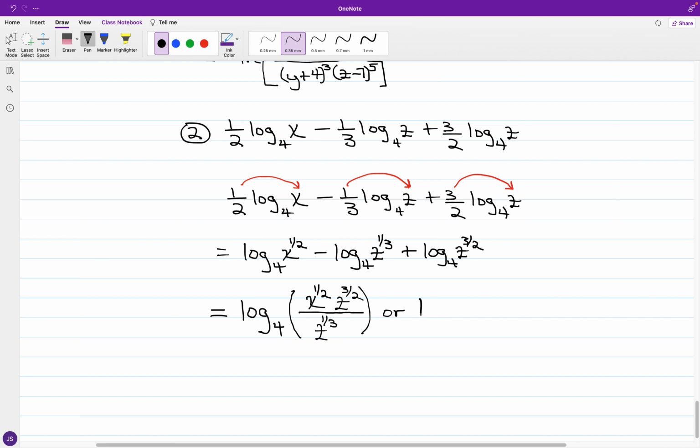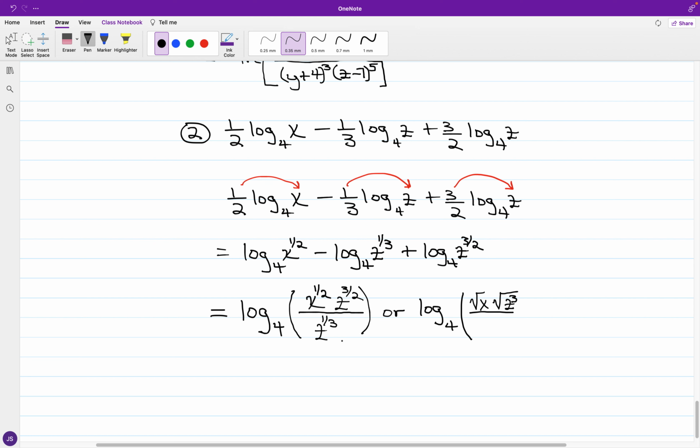Another way is, I'm just going to mention, you can go from non-integer exponents to radicals. Like x to the 1/2, you get the square root of x, and z to the 3/2 would be the square root of z to the 3rd.